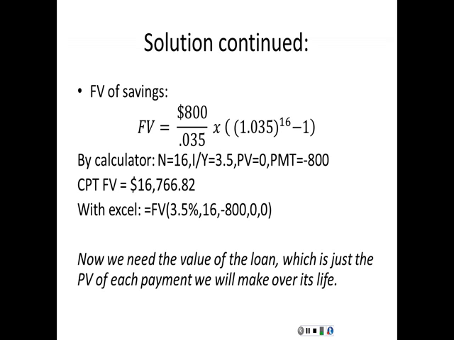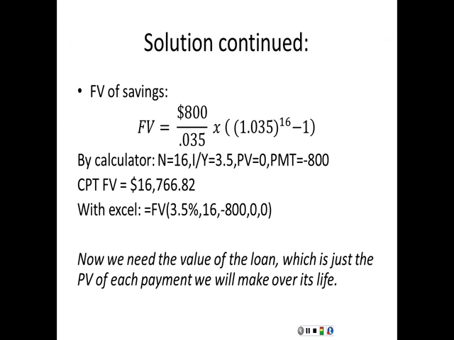We apply the future value of the annuity formula. Here, you see the payment is $800 divided by the quarterly interest rate, which is R prime, of 0.035. Remember, when we do this by hand, we write our percentages or interest rates as decimals. We have 16 quarters, so the second term there is 1.035 raised to the 16th.